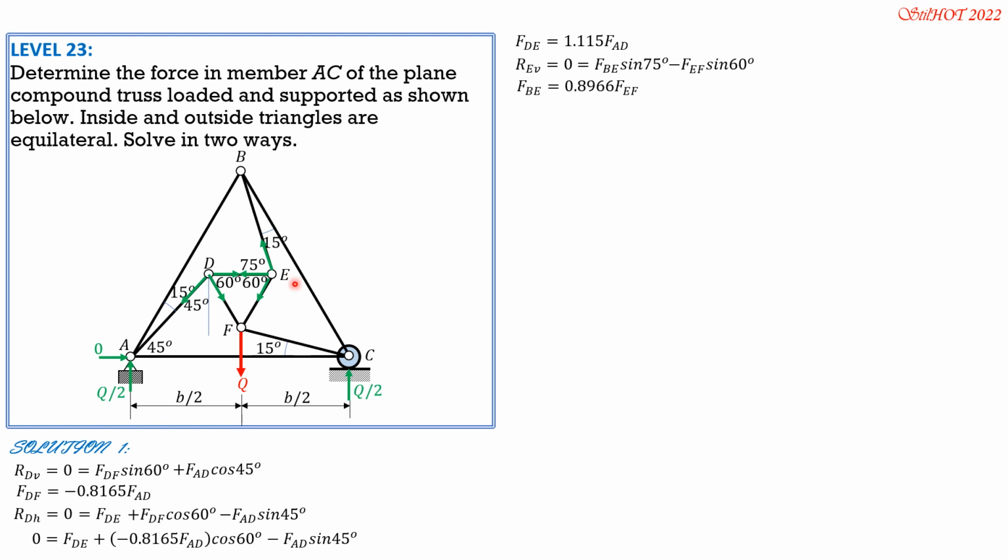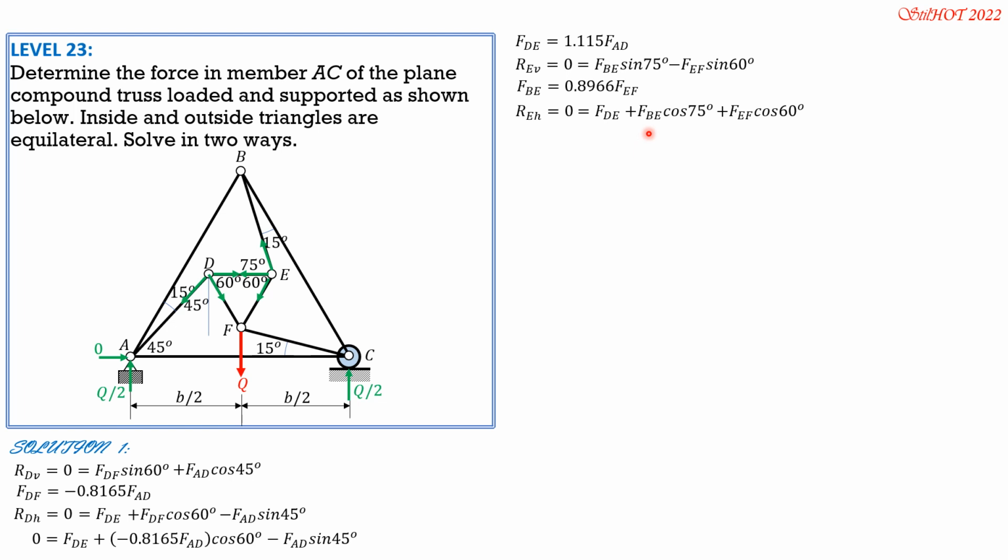Then RE horizontal component of resultant is 0, or summation of forces horizontal is 0. Considering leftward positive because all these are going to the left. So it is equal to FDE plus FBE cosine of 75, the component of this FBE here, plus FEF cosine of 60, because we consider leftward positive.